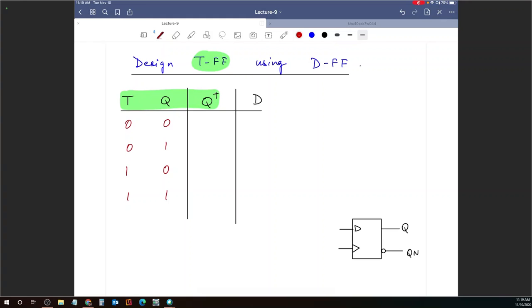Again, you look at whether it is toggling or not toggling. So for the first 2, we don't toggle. For the next 2, we toggle. You guys see that? 0, 1, toggle.